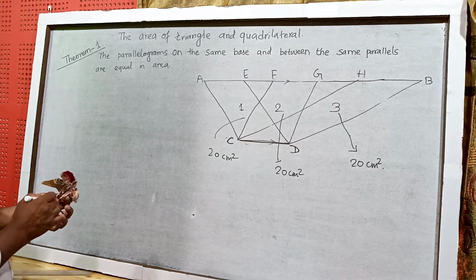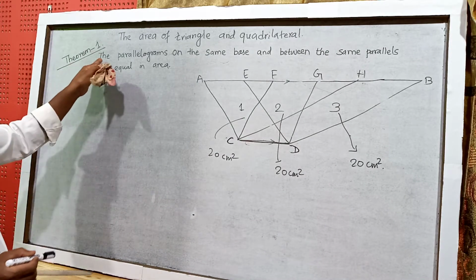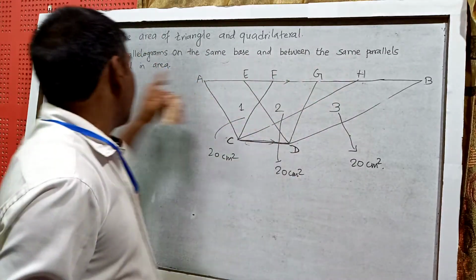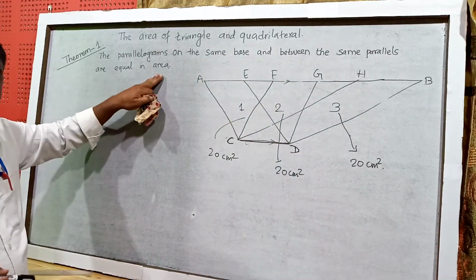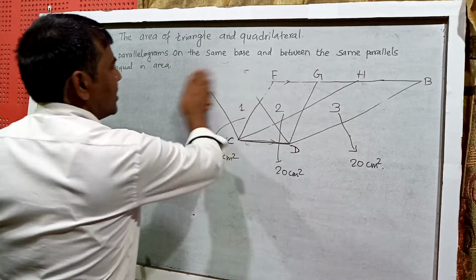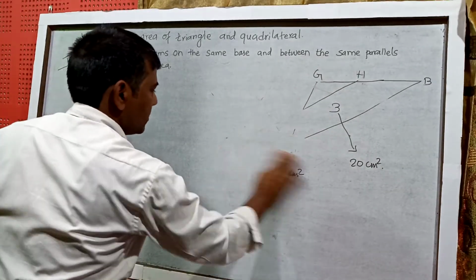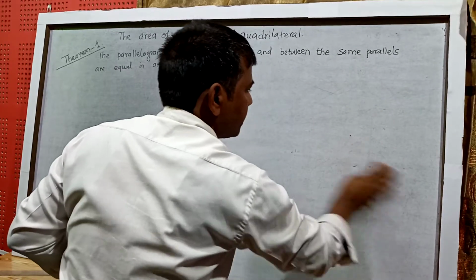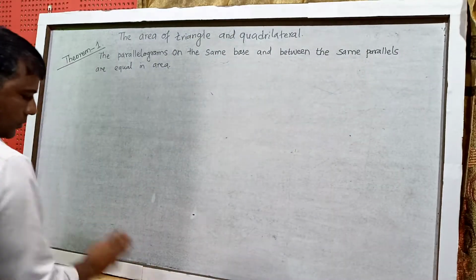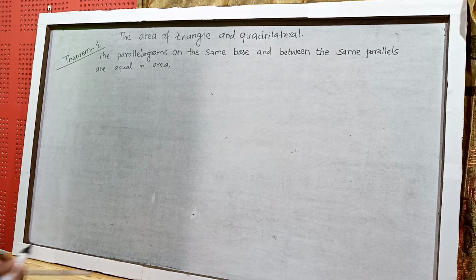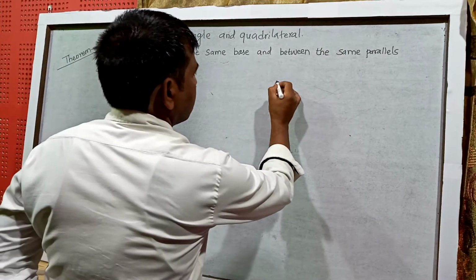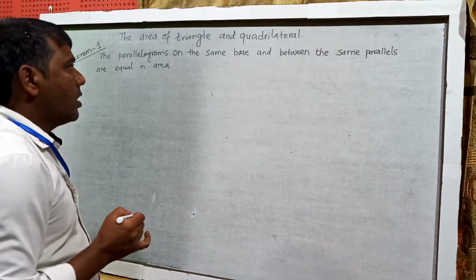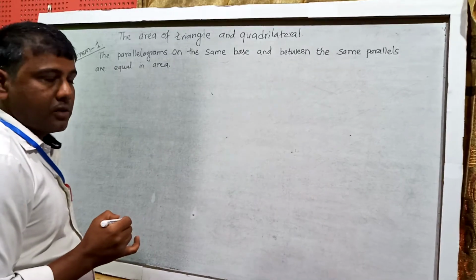Now I am going to prove this statement: parallelograms on the same base and between the same parallels are equal in area. How to prove this statement? We have given parallelograms on the same base and between the same parallels.